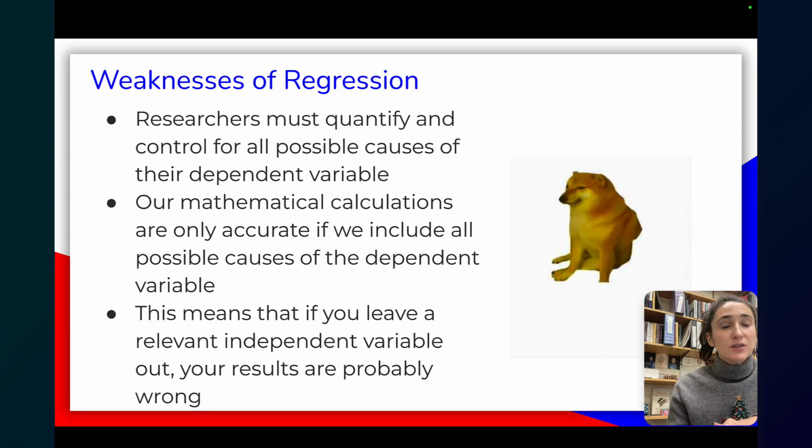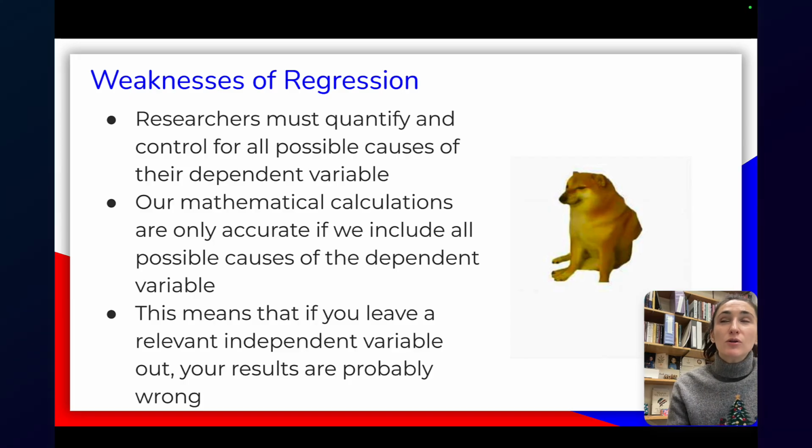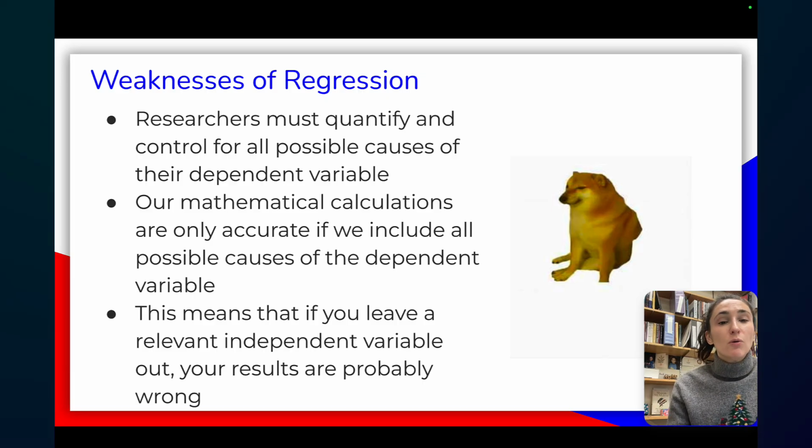The weaknesses, though, as I just mentioned, are that you have to quantify and control for all possible causes of your dependent variable. If you are not, you are going to have a problem called omitted variable bias, because our mathematical calculations are only accurate if we include all possible causes of the dependent variable.